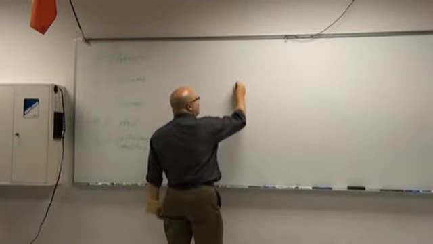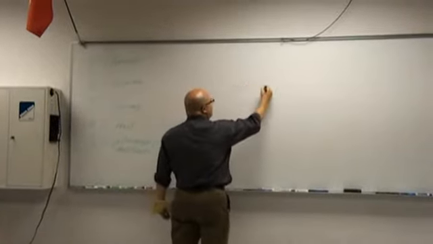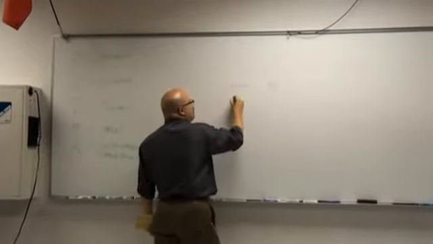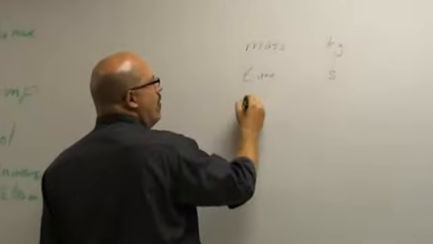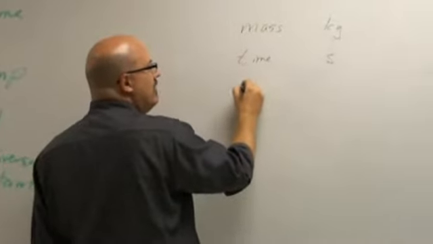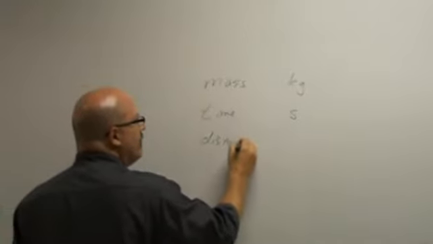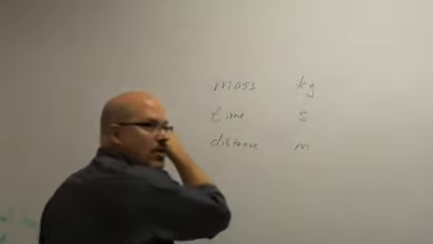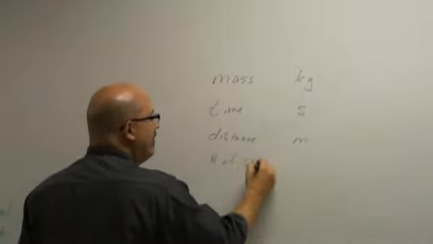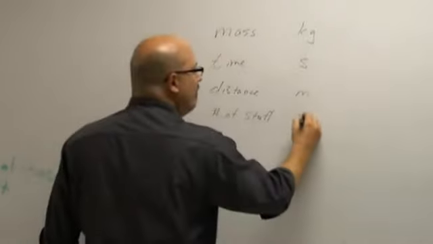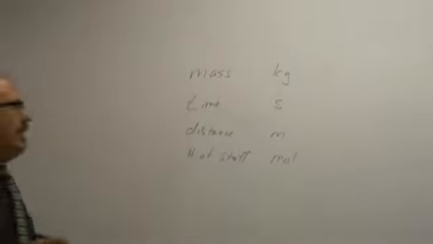For mass, it's kilograms. For time, it's seconds. For displacement or distance, it's meters. For number of stuff, it's mole. Number of stuff.